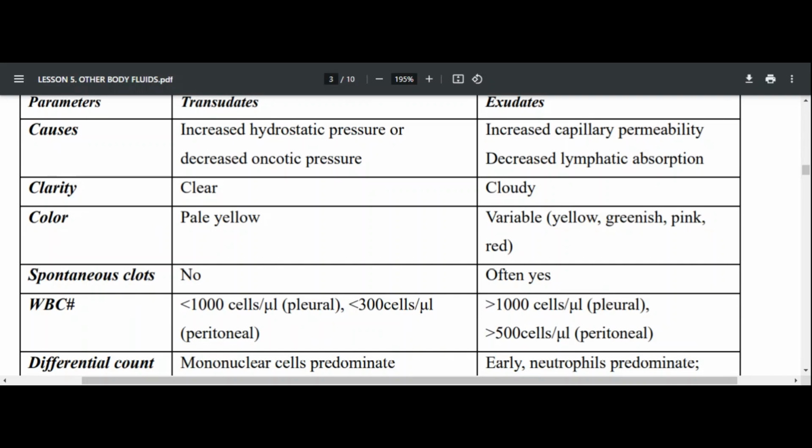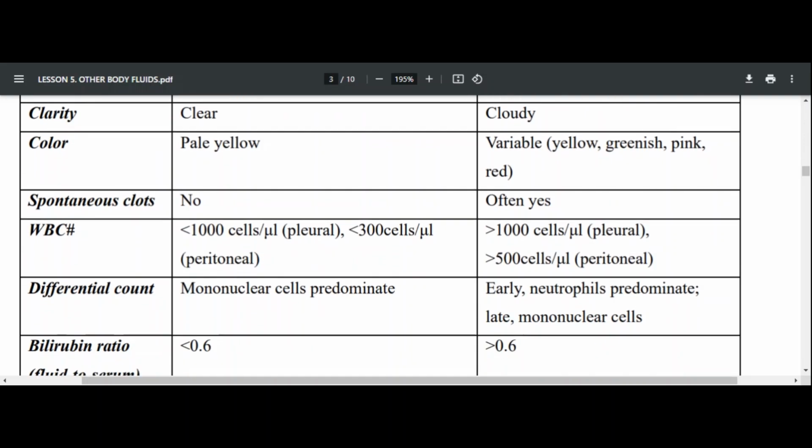WBC in transudate could be even less than 1,000 cells per microliter, but in most cases, with exudates, it would be greater than 1,000 cells per microliter. As for differential counts, mononuclear cells are found most commonly with transudates, whereas in exudates most cells are neutrophils or polymorphonuclear cells.